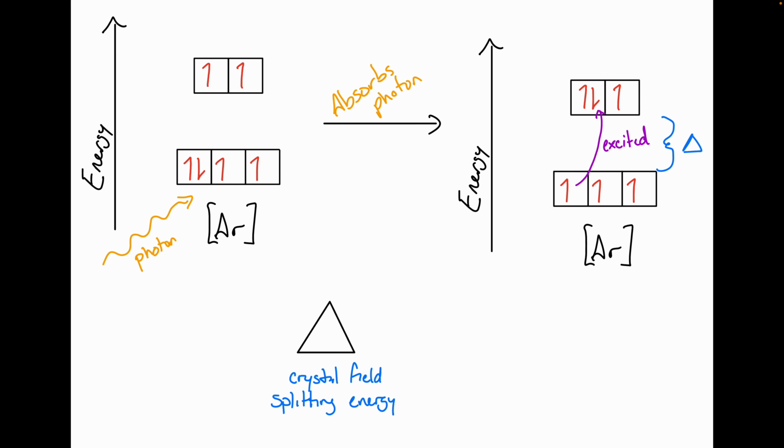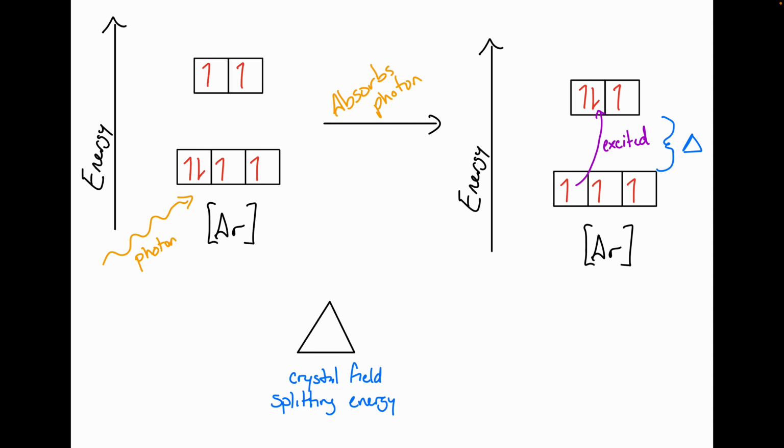All right, well, in order for this photon to be absorbed by this complex, first of all, note that when we're talking about color, we're not talking about absorbing all the photons. It's picking select ones out. So in order to absorb a photon, the energy that's imparted on that electron has to exactly match that gap in energy.